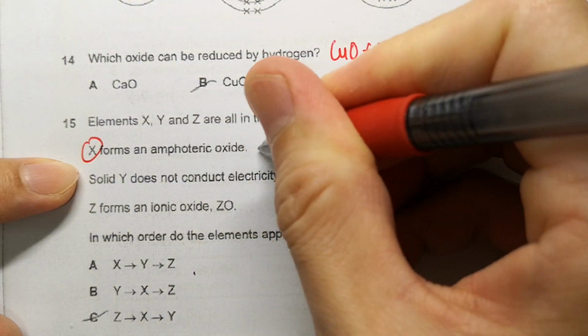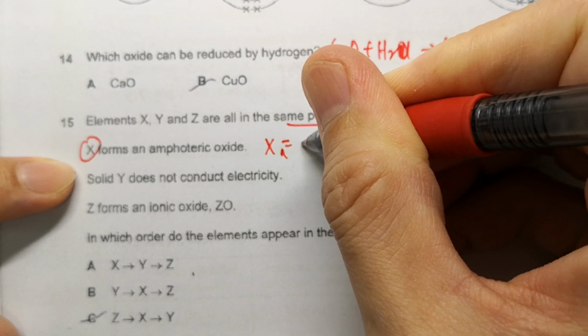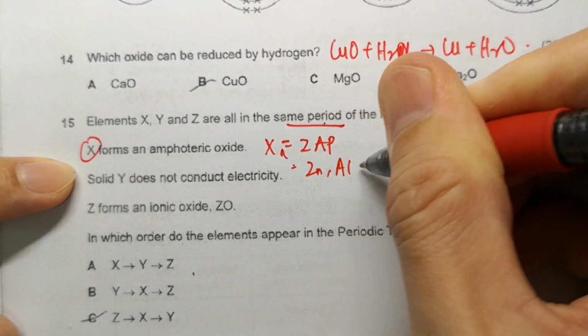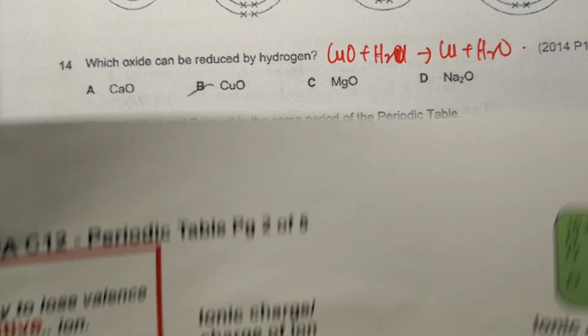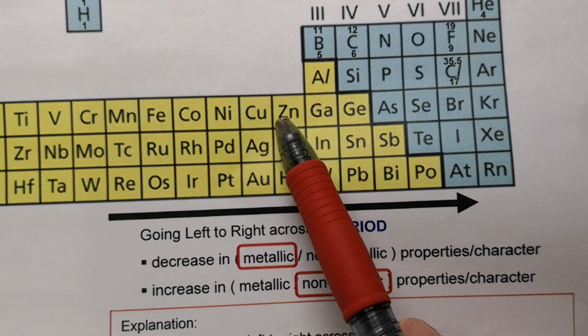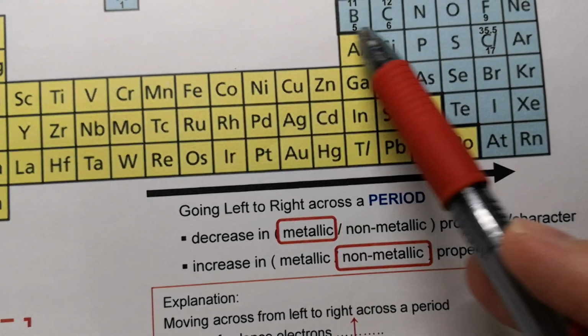Remember this X can either be ZAP, which means zinc, aluminium, and lead. If you look at the periodic table, ZAP, they are all at the middle. Okay, so you have zinc, you have lead, and then you have aluminium. They are all at the middle.